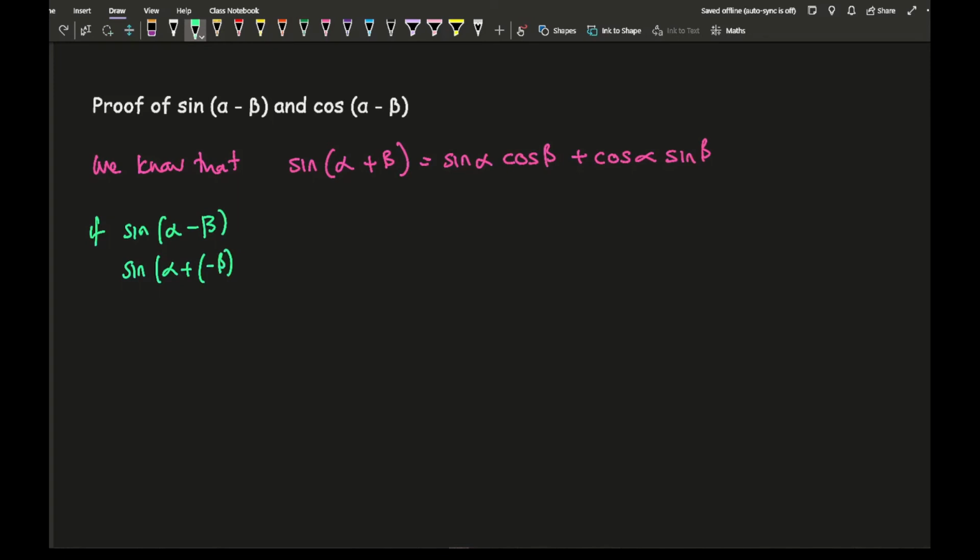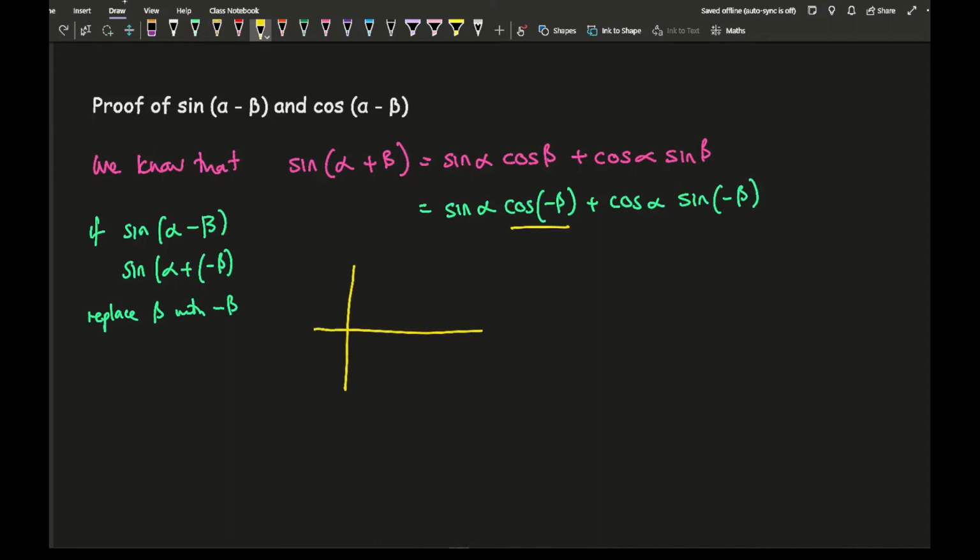So all I'm going to do here is replace beta with a minus beta instead. So what would that look like? It would look like sine alpha cos minus beta plus cos alpha sine minus beta. Now let's have a look at what cos minus beta actually is, by looking at the graph.